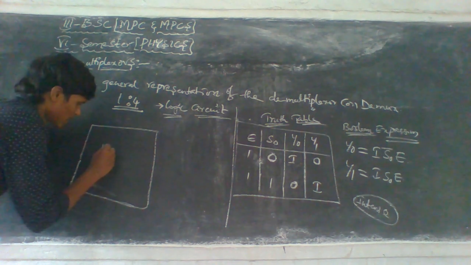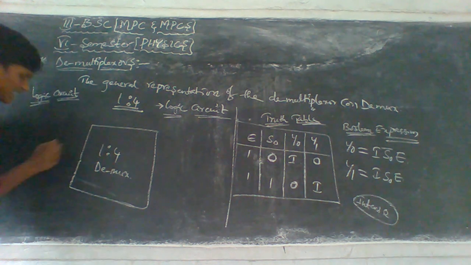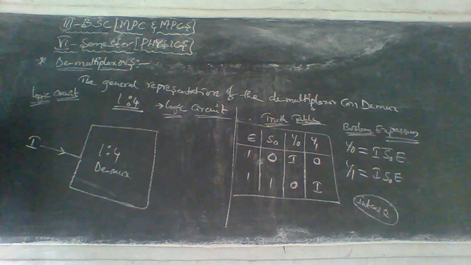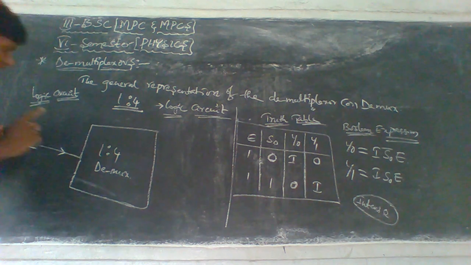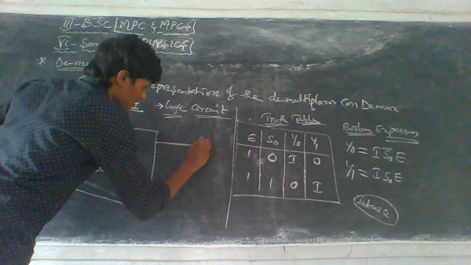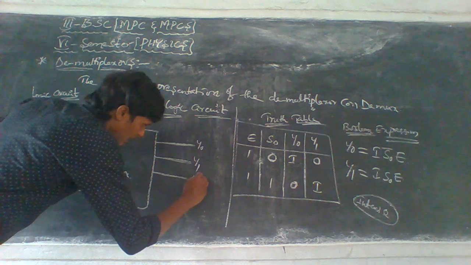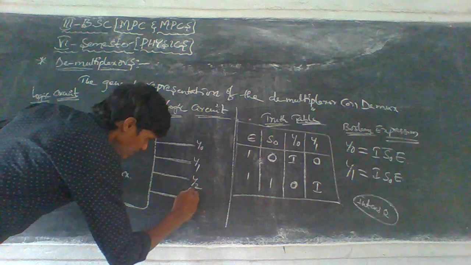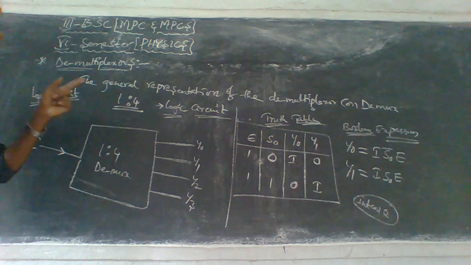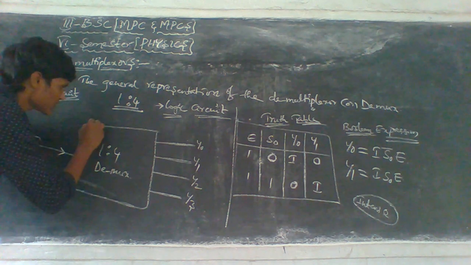This is the one line to four line demultiplexer, and it has one input, simply known as I. It has four outputs: Y0, Y1, Y2 and Y3. So this is the integrated circuit diagram of the one line input to four line output demultiplexer.